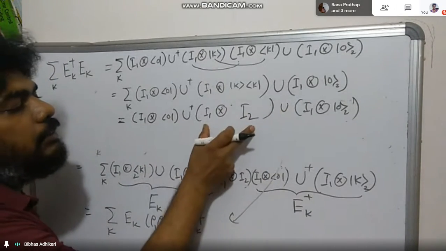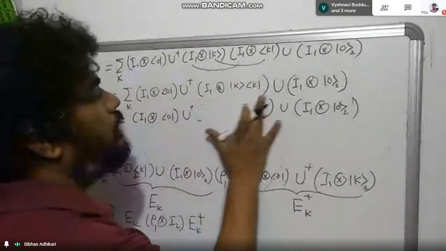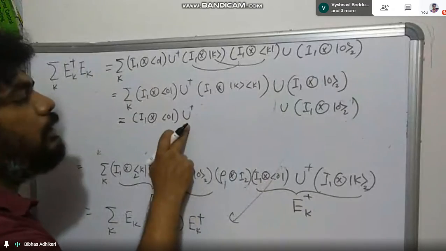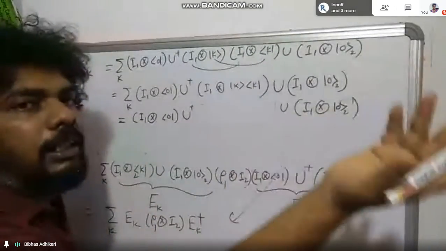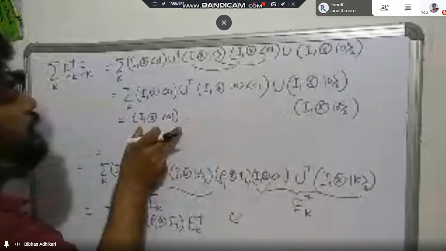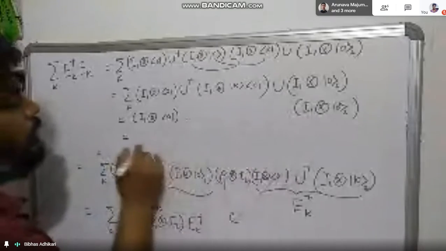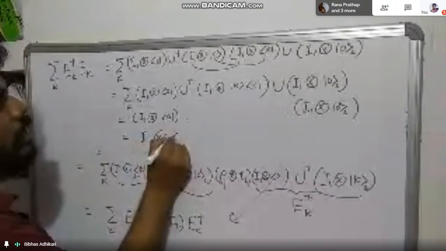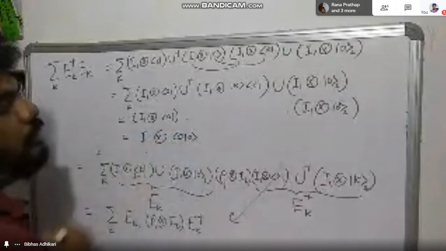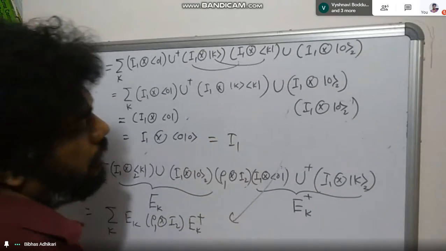But identity times identity is again identity of bigger dimension, so I can just forget about this. And I have just U dagger U, but U dagger U is also identity because U is unitary. So I am left with this times this. But what is this times this? I1 times I1, which is I1 dagger 0 dagger 0. So this is one, this is identity. So the entire thing is identity.